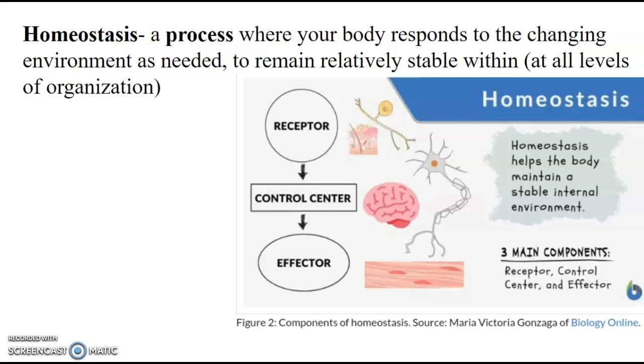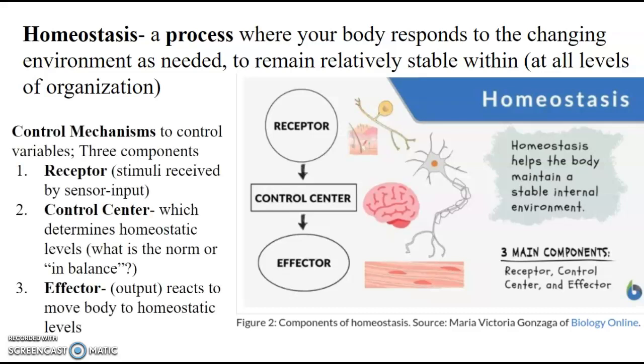So you have the receptor that is communicating with the control center, brain or spinal cord, and an effector. An effector is what changes things in response, what change is being made in the body as a response. So understand what these control mechanisms are at a general level.